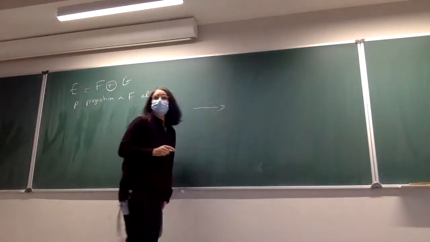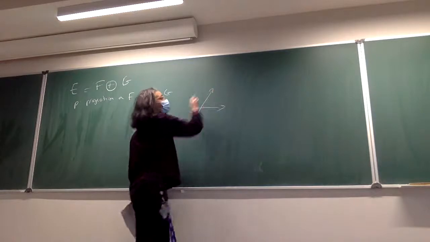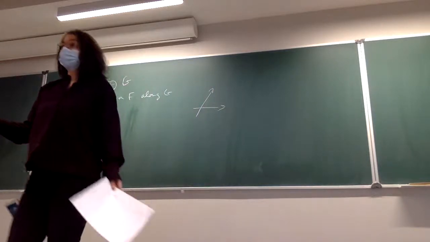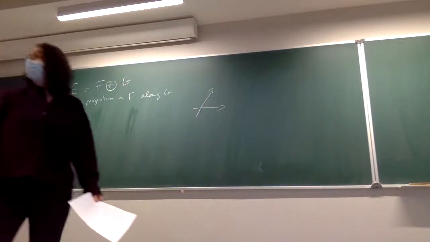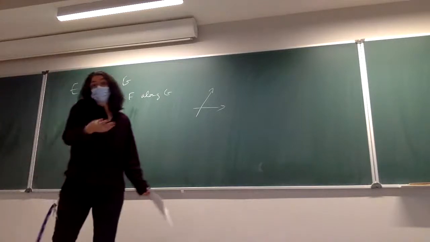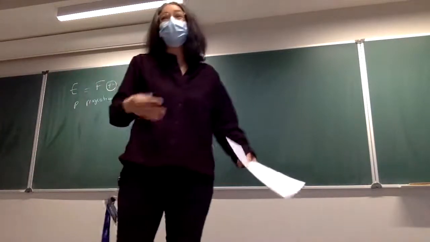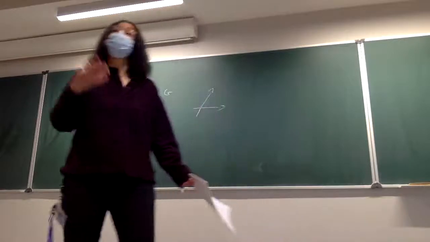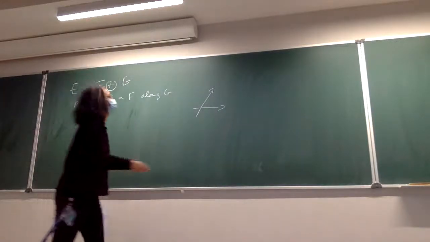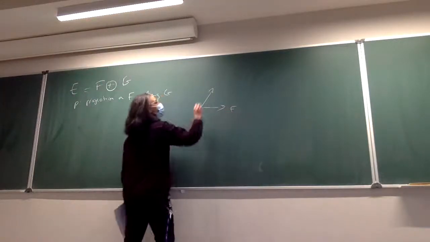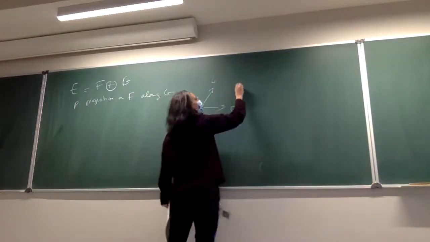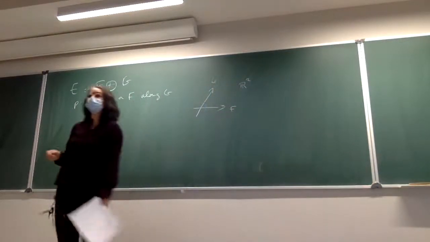You've got one direction, you've got one second direction. You know that the span of the two directions is going to give you R2 because you've got two linearly independent vectors, so that makes a basis of R2. So you have a direct sum.